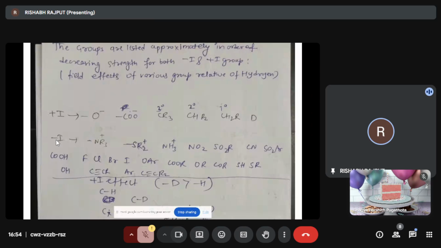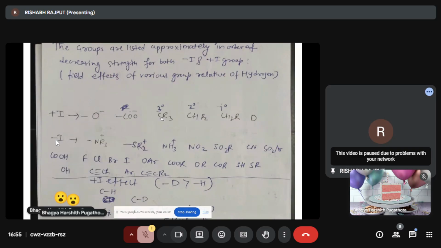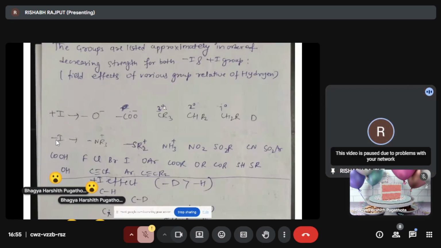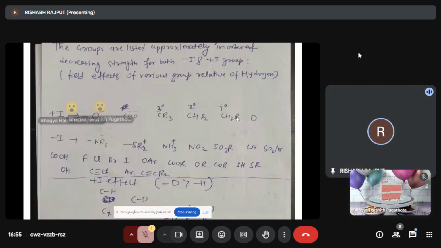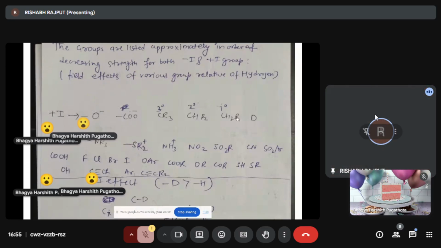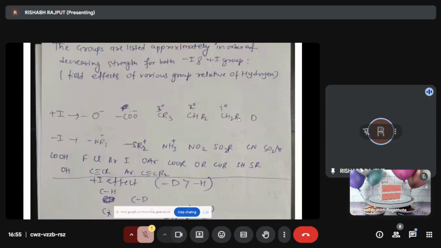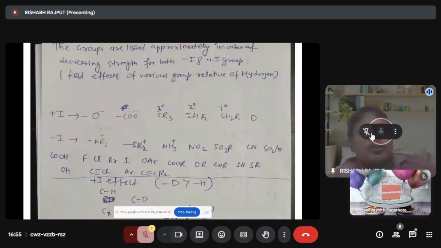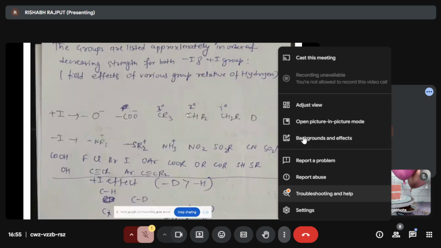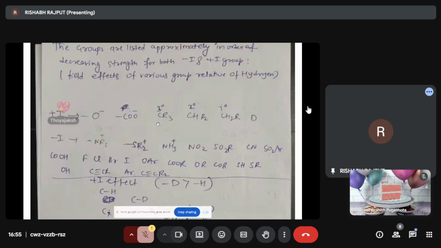For one carbon you have a total of four bonds. If it is connected to only one carbon, it is 1 degree; connected with two carbons, we write 2 degree; connected with three carbons, it is 3 degree. I will show one example here.